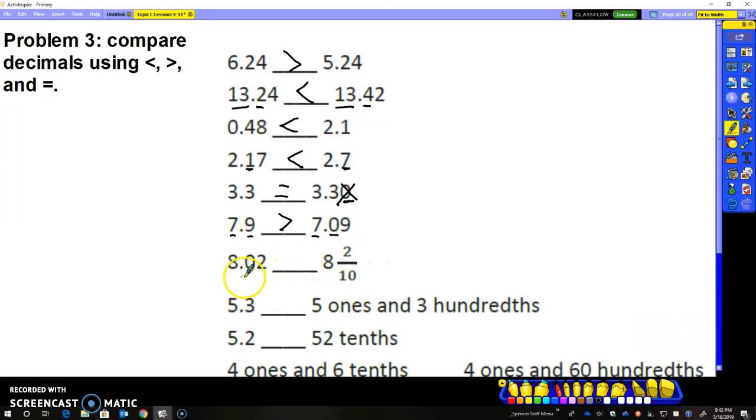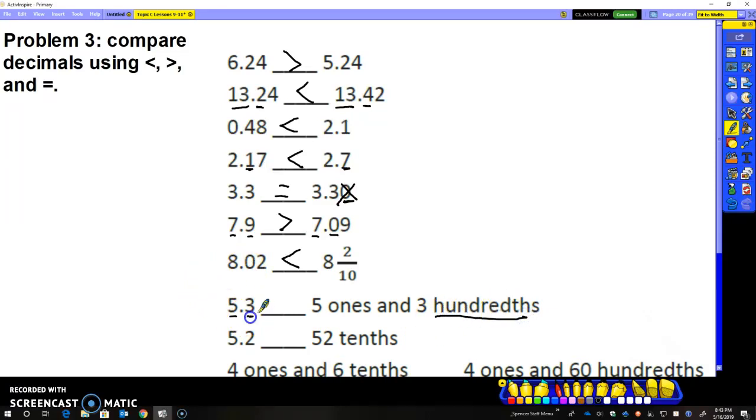Alright, now they're showing us fractions. So I've got 8 and 2 hundredths, and they're saying 8 and 2 tenths over here. So hundredths are smaller than tenths, just like that other one that we just looked at. And here we have a unit form, 5 ones, so that's the same, and 3 hundredths.